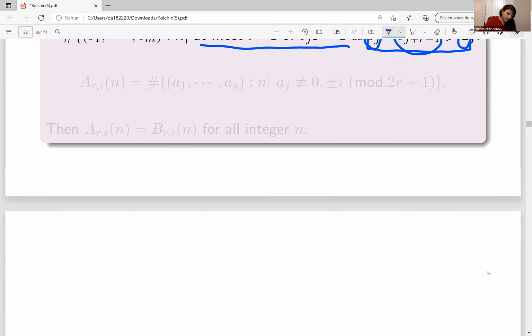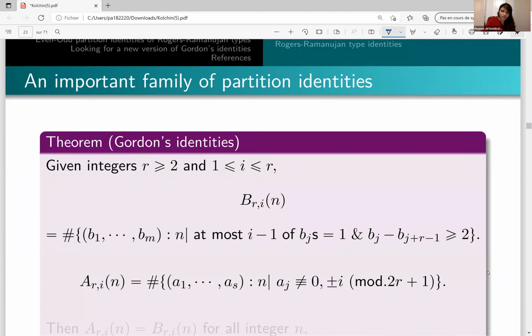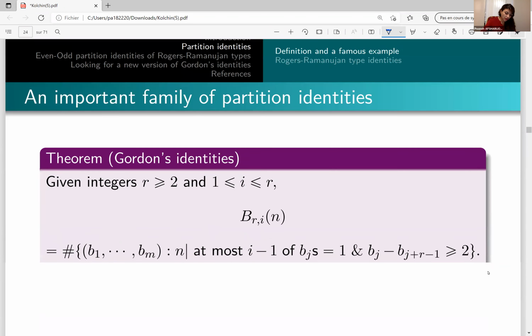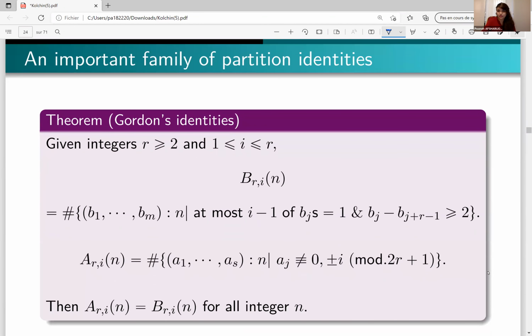And we denote by A_{r,i}(n) the number of partitions of n whose parts are not congruent to 0 and plus or minus i modulo 2r plus 1. Then these two numbers are equal for every integer n.